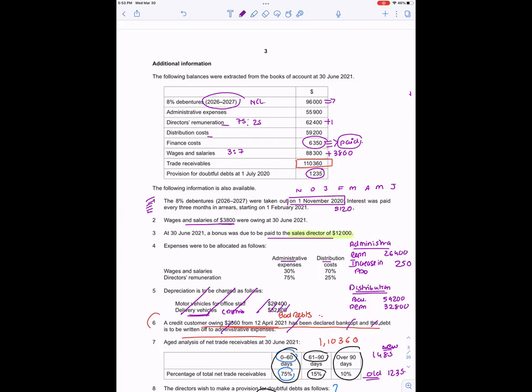So director's remuneration 62,400 would be divided in administration and distribution, 75%, 25%. 62,400 into 75% is 46,800.